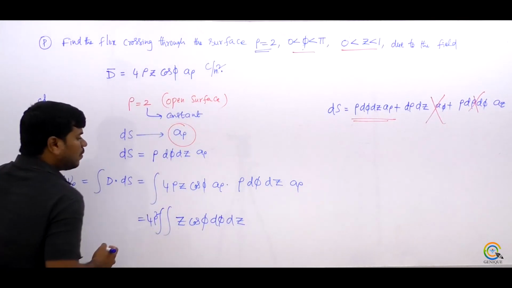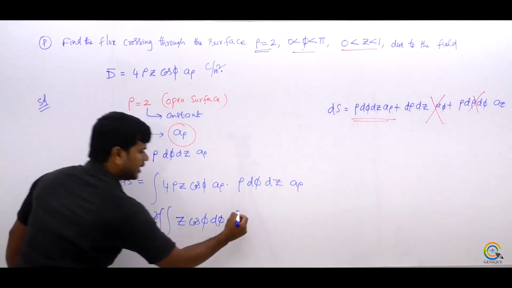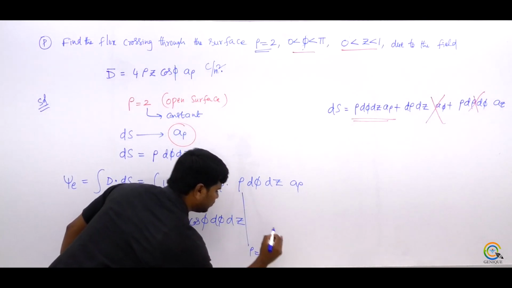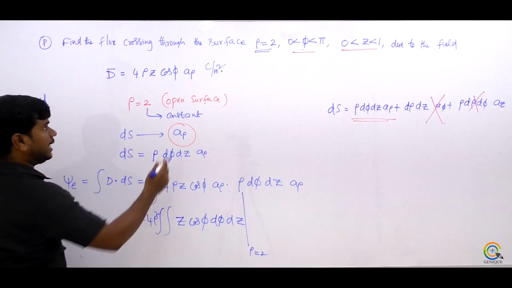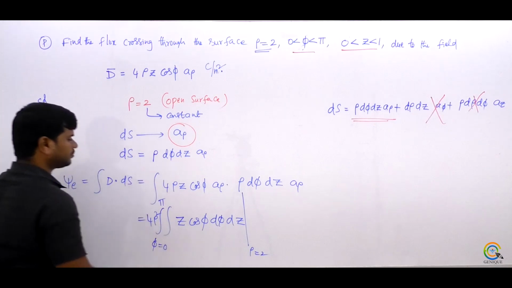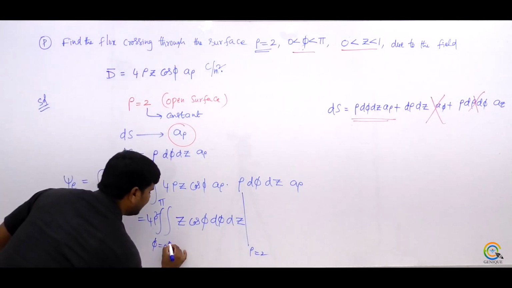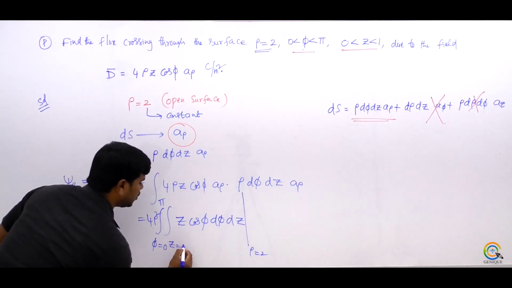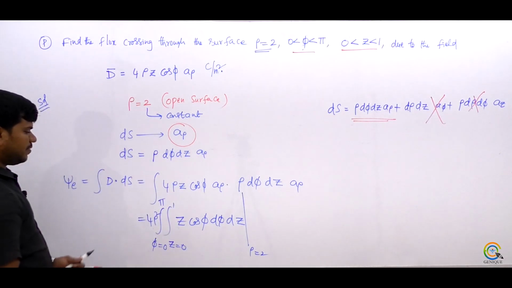Now what is rho? Rho is already given as 2, phi is from 0 to pi, and z is from 0 to 1. Now simplify this.